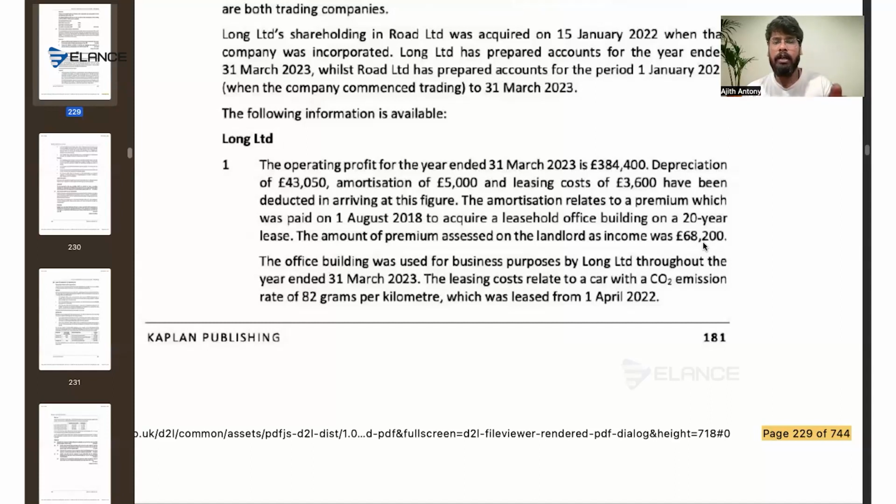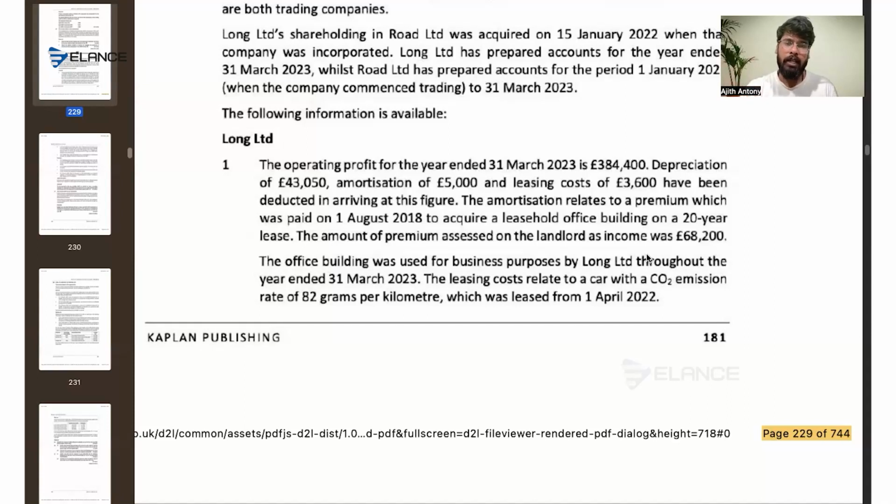So 68,200 divided by 20. That much amount we can deduct as allowable expenditure. After taking this property on lease for the usage of the trade, every year we can make a deduction. 68,200 is the assessed amount, so 68,200 divided by 20.